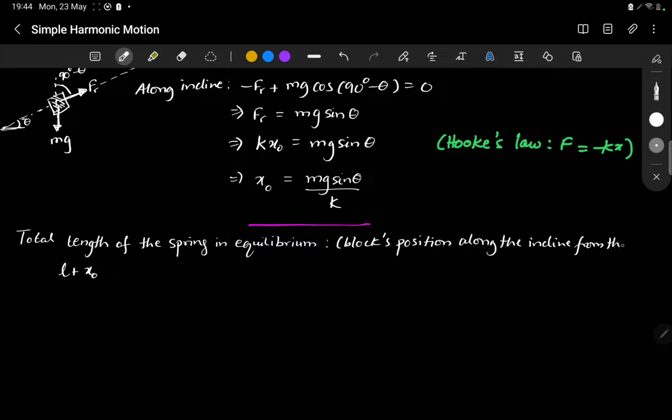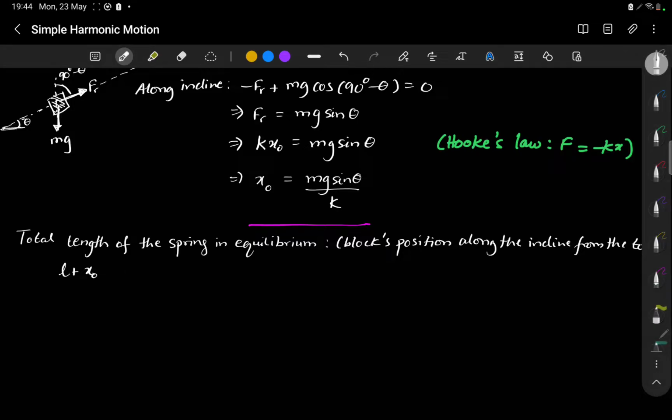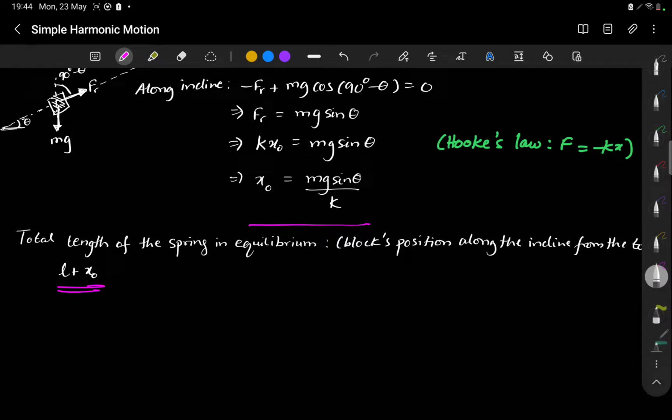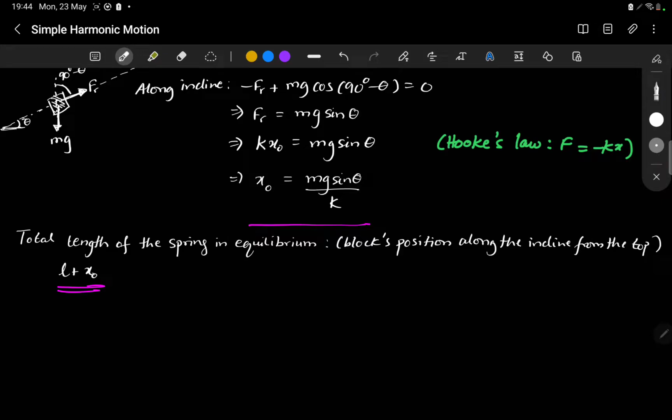From the top. This was what we were supposed to find. So this is this value, and then plugging in the numbers, we have L being given as 0.45 meters plus x naught. x naught is mg sine theta by k. mg we are given as 14 Newton.